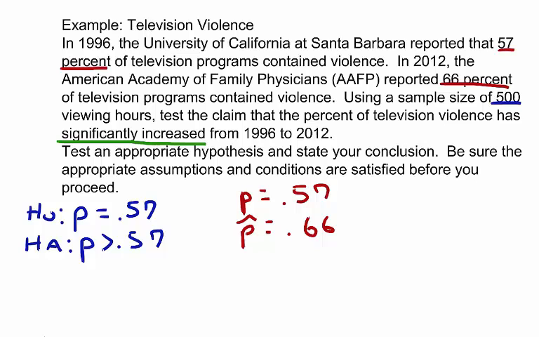And we haven't talked about P hat yet, but what P hat is, is our sample proportion. In other words, that 66% is the value that the American Academy of Family Physicians generated through their report. It's our sample that we're comparing to our original given population proportion.